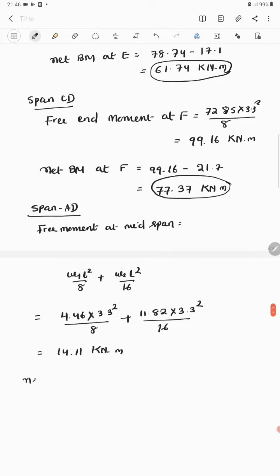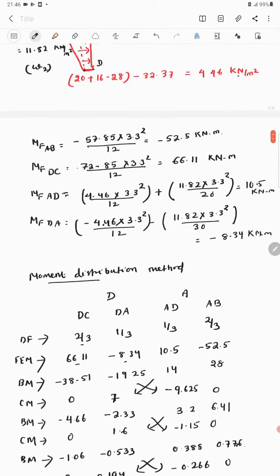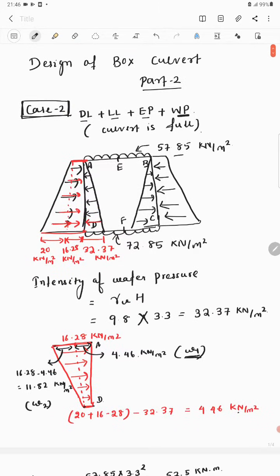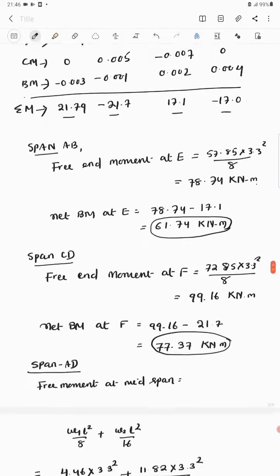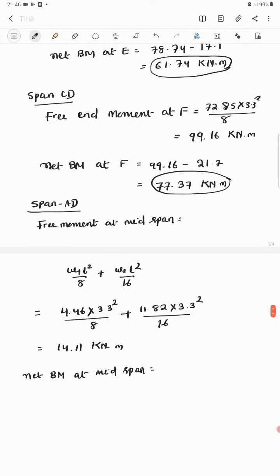What will be the net bending moment at the mid span? So at the bottom it is 21.7, at the top it is 17.2.